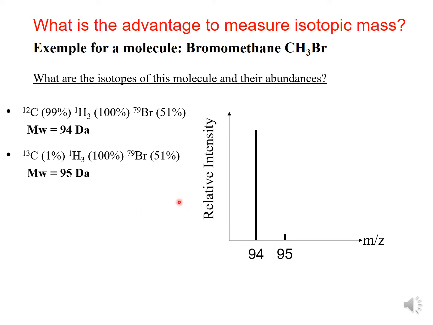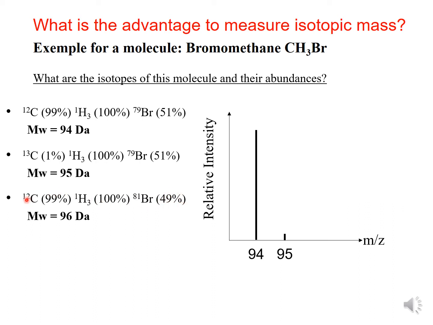Now I have to see that I have other isotopes, because I also have isotopes due to the bromide. Then I have the C12, protons and the bromide 81, and this is 49%.